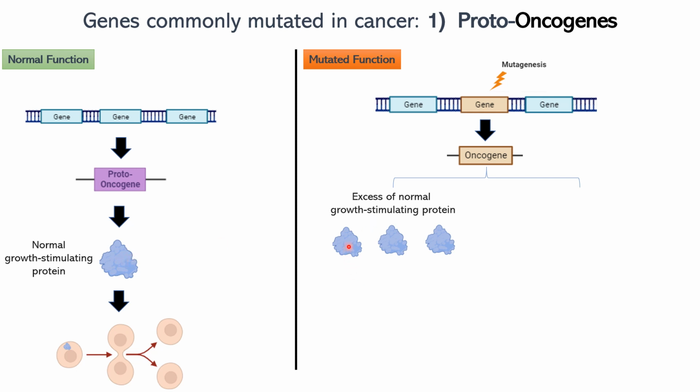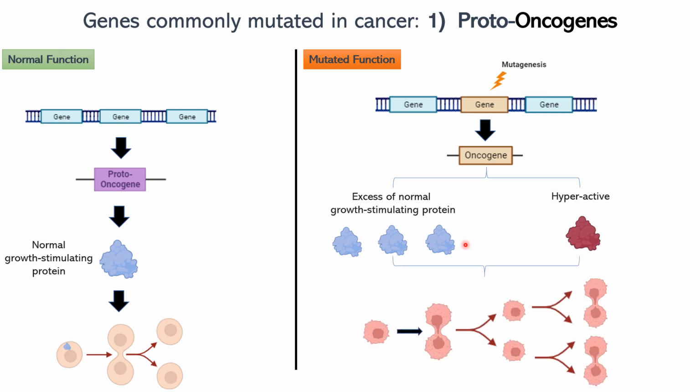However, in cancer, it will be upregulated, and there will be a very high expression of that protein. The second thing that might happen is that this mutation will slightly change the activity of the protein and make it hyperactive. In both cases, this will make the cancer cells divide much faster than the normal cells.